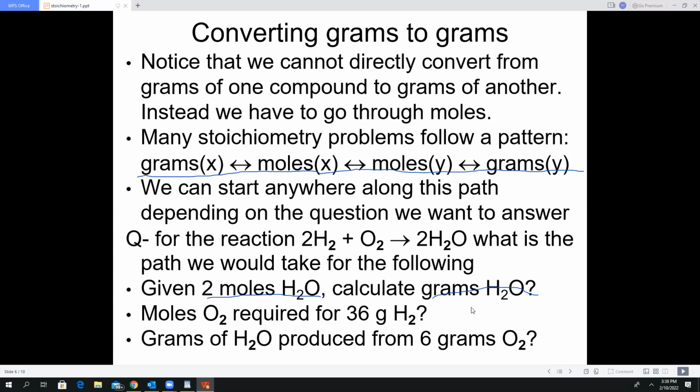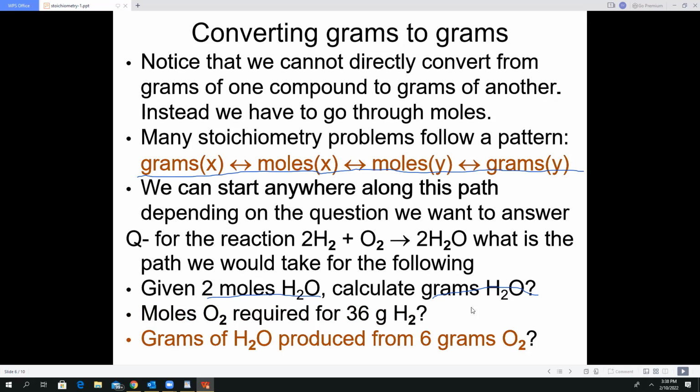And look at the colors that are going to come up. See? That one gives you that path. This one right here gives you this path, right? Or you can go the other way. You can start with moles of X and go to grams of Y. It doesn't matter. This one gives you this path. That's the whole thing. There you go.